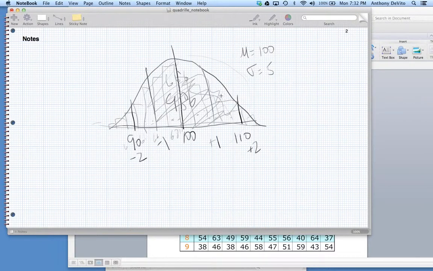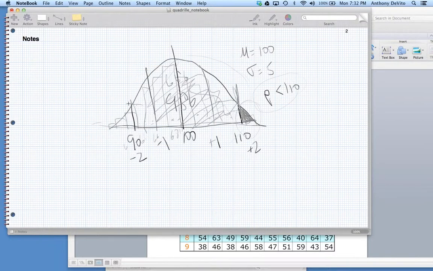We can look at it in terms of the way the population is distributed. We can also look at it in terms of probability. What's the probability that I would choose someone with a height greater than 110? Well, this is the percentage of people in the population that have a height greater than 110, so that's the probability that someone chosen at random has a height greater than 110.